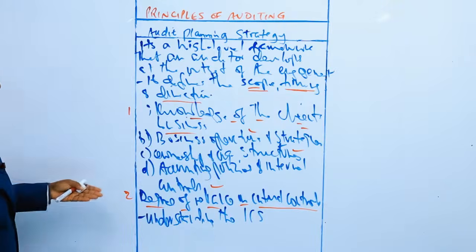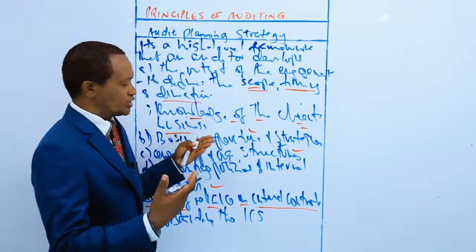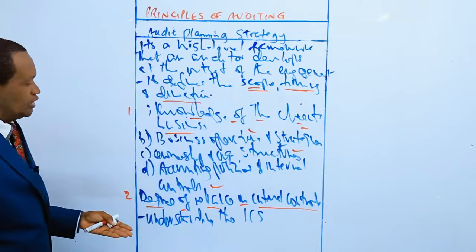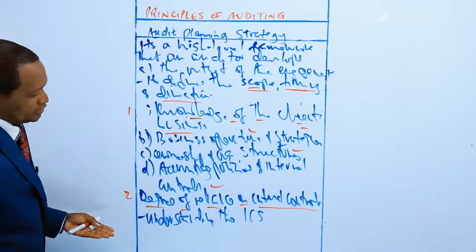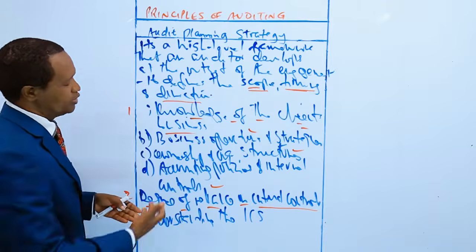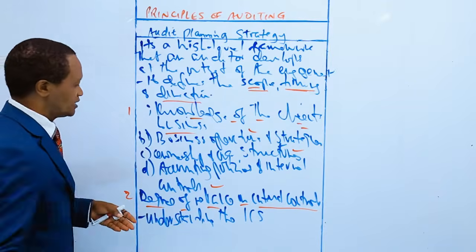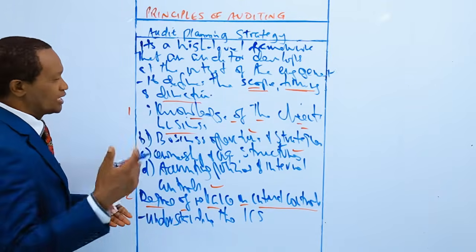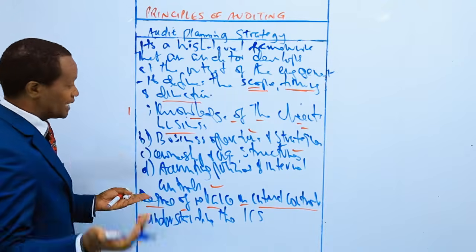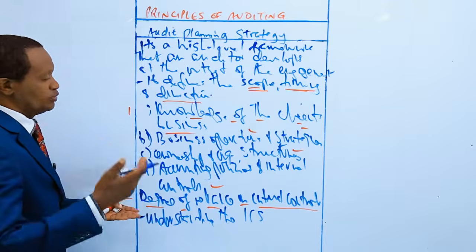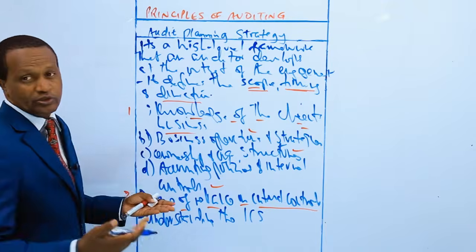Before the auditor relies on internal controls developed by the management, the auditor first of all has to understand the internal control system. And the internal control system can be on various aspects. It could be on purchases, on cash, on sales, on debtors, on creditors.